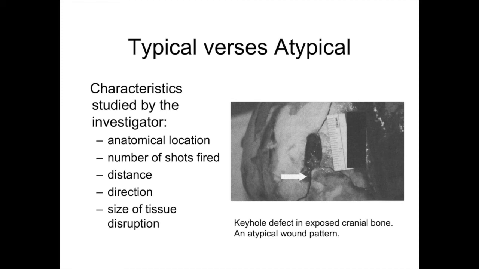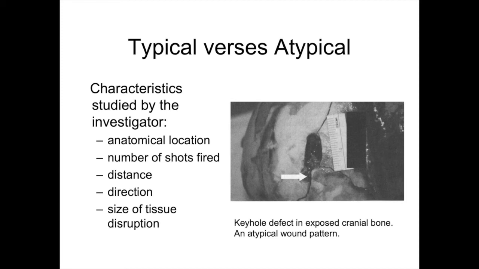So as you can see here, when we're talking about typical kinds of gunshot wound injuries, the first thing we have to do is talk about the location of the injury itself. Now, for a moment, kind of ignore the image that's associated with this slide. We'll come back to this image because this is more of an atypical wound, and so it would not fit into the typical class or typical group of gunshot wound injuries.